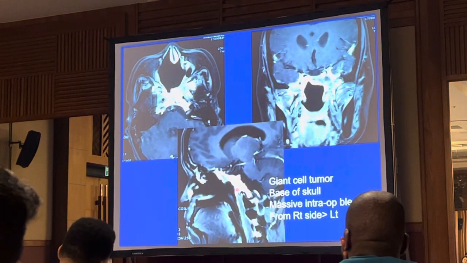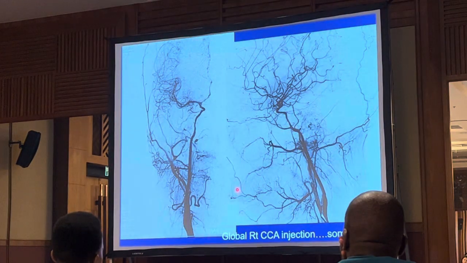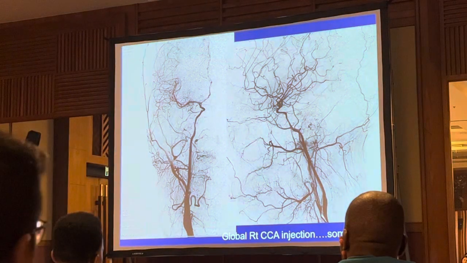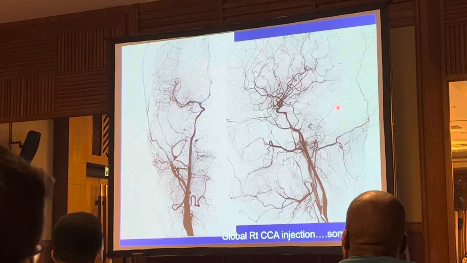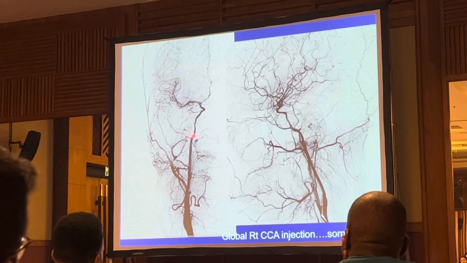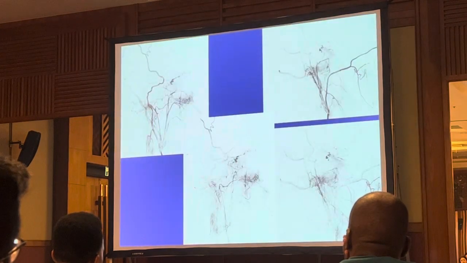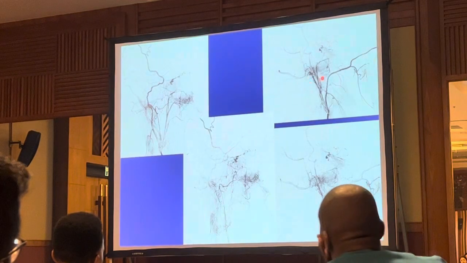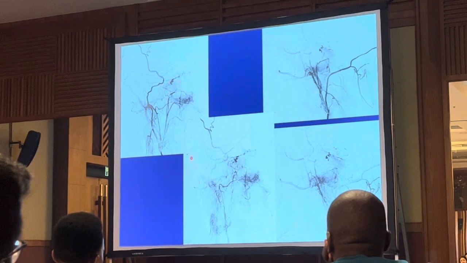Post-operative tumor at the skull base, with bleeding intraoperatively that cannot be stopped. It's good to have a global common carotid injection before you go into both. In this area, you may notice a little tiny unusual collection, and you see a little tiny branch going over there with this collection of contrast.